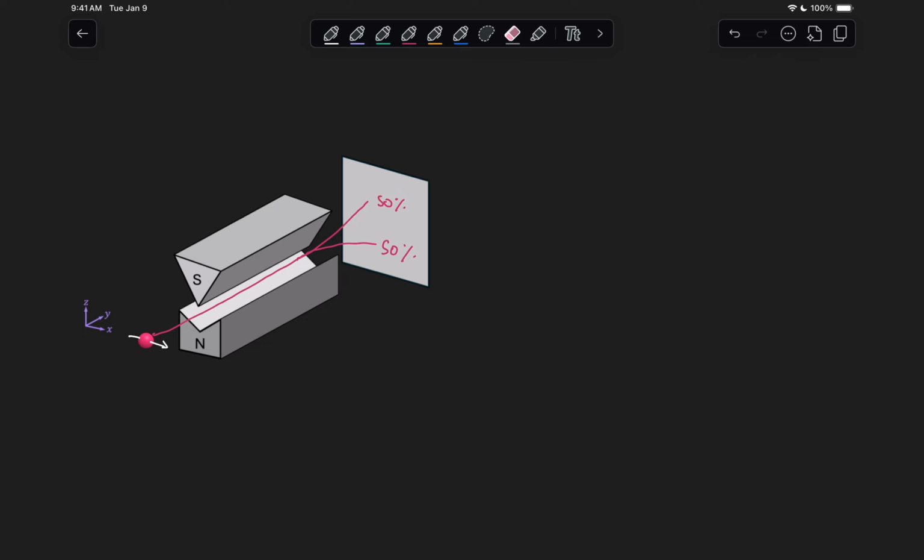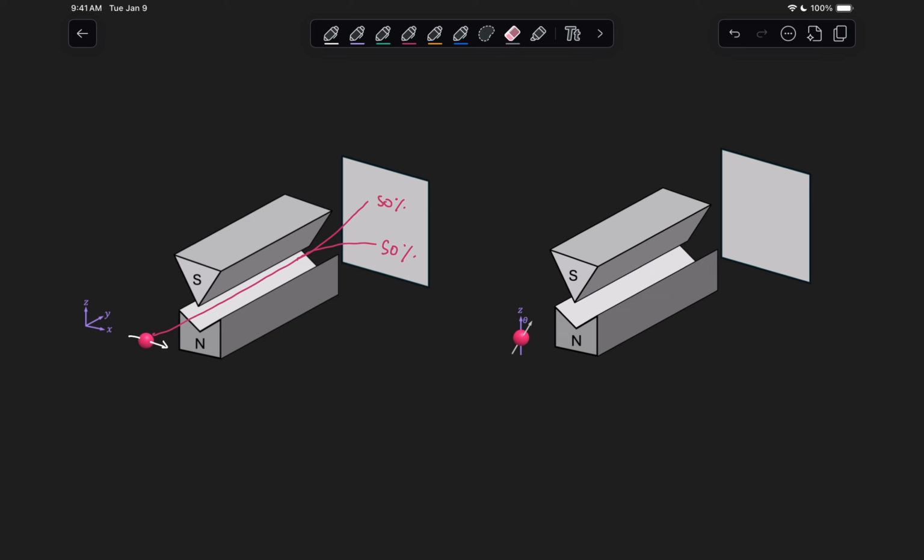And more generally, if we have the electron with a spin pointing at an angle theta with respect to the positive z-axis, what we see is that the electron always deflects either upwards or downwards with a probability that is proportional to that angle theta.